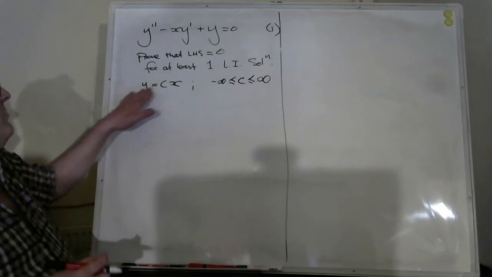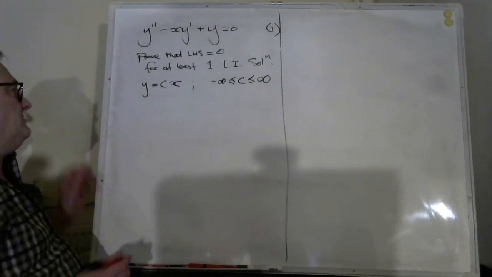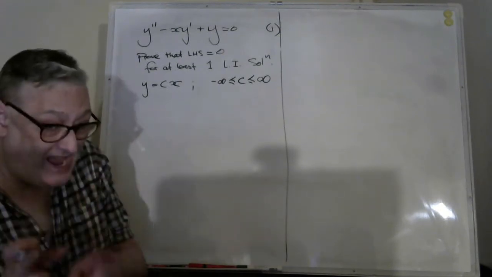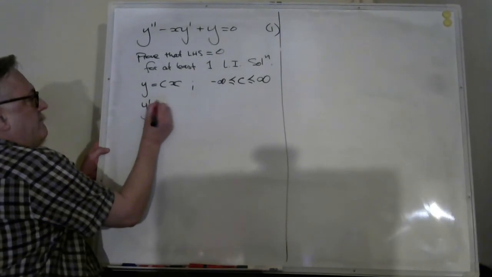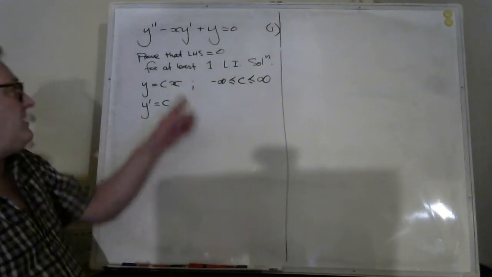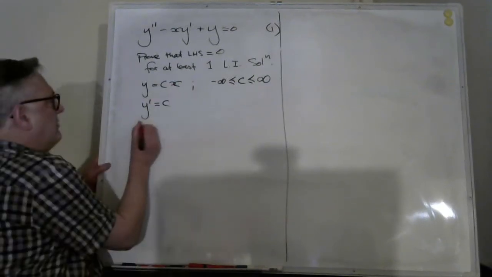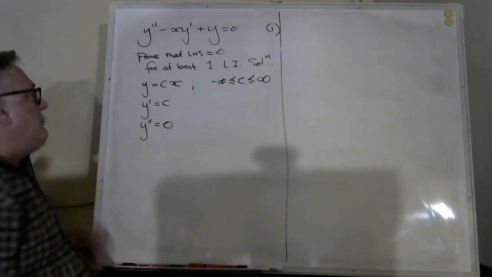So that's how we can just get away with using the one linearly independent solution, which we have yet to prove. So y prime is equal to c, just c basically, because x differentiates to 1 and y double prime differentiates to 0.